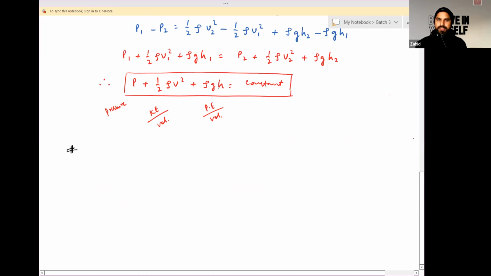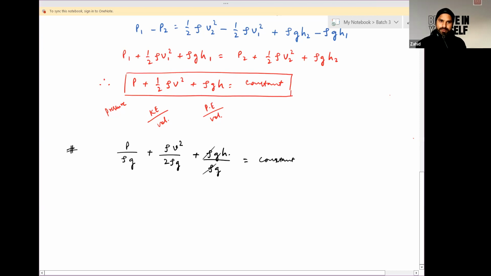Since in this particular expression, the density of the liquid and gravity will be constant, if you divide this entire expression by rho and g, you will get P divided by rho g plus rho v squared by 2 times rho g plus rho g h divided by rho times g, and constant by rho g will remain constant.